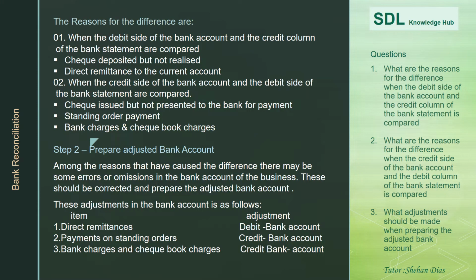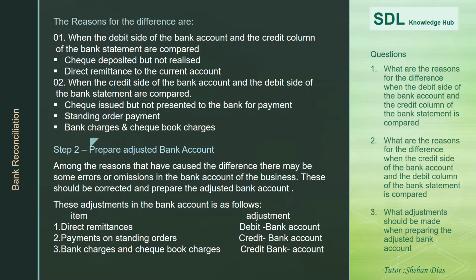Based on the comparison of the two statements, as we are already aware, there are 5 reasons for the difference between the balances of the two statements. These can be categorized into two based on which columns we have compared. When we compare the debit side of the bank account with the credit column of the bank statement, there are 2 reasons why the difference can arise.